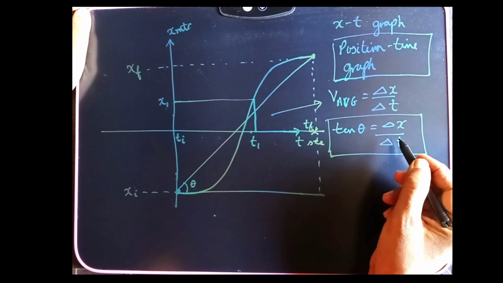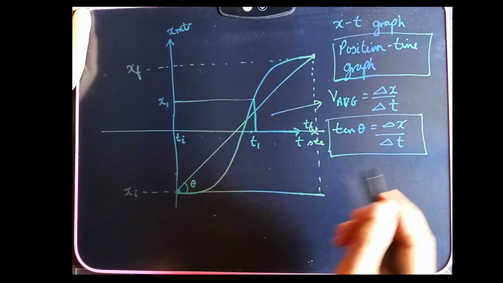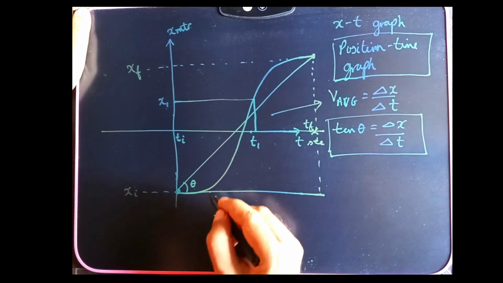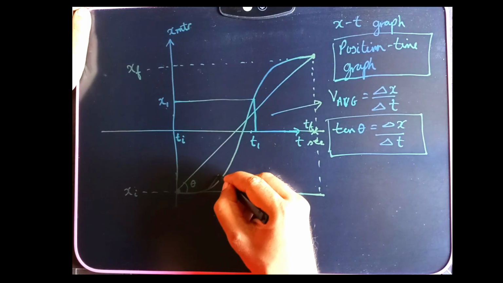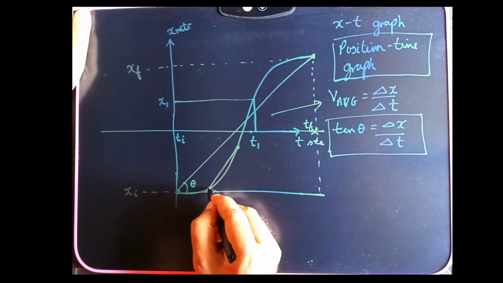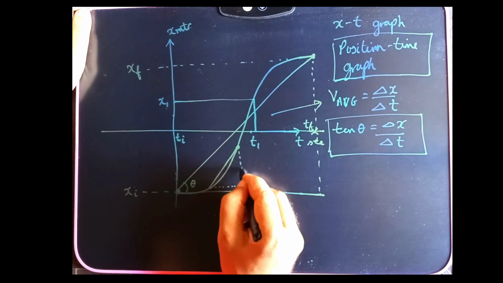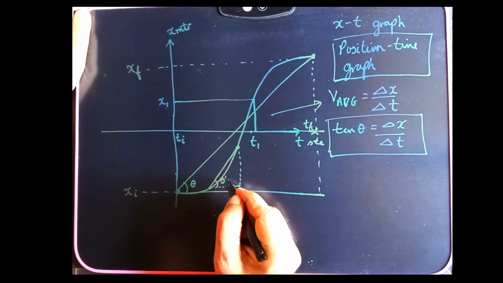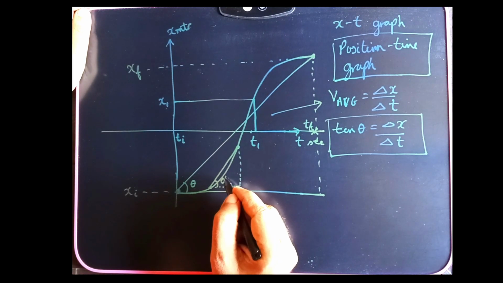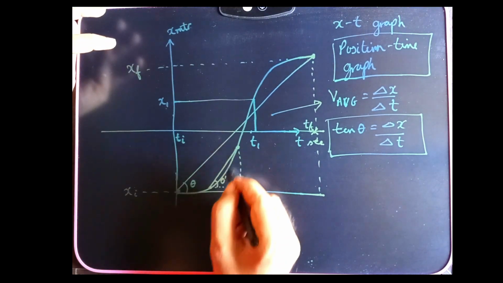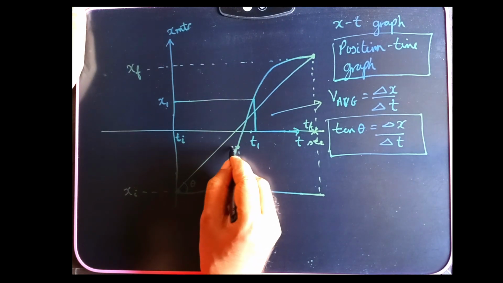So here we get to know that the slope of any line on this particular graph will give me the average velocity. If I draw another line which connects these 2 points, then this slope theta dash will give me the average velocity of this particular particle between these 2 points.